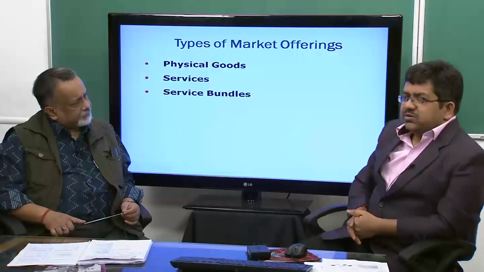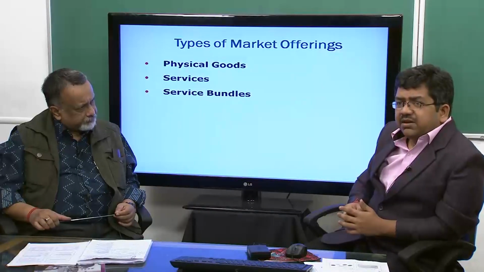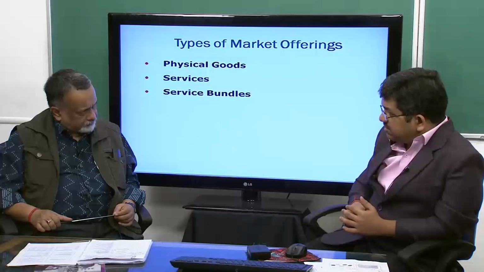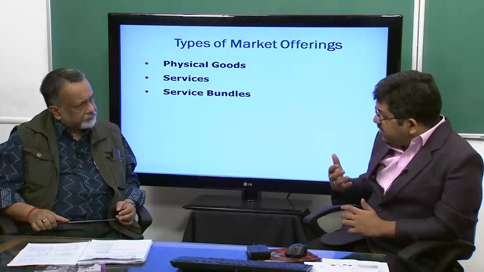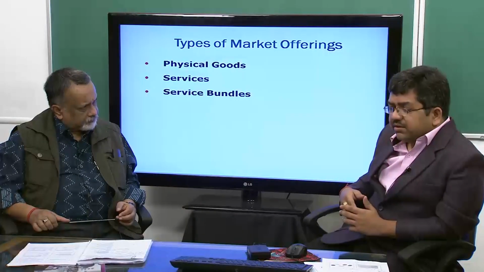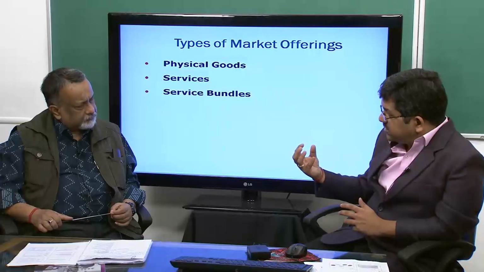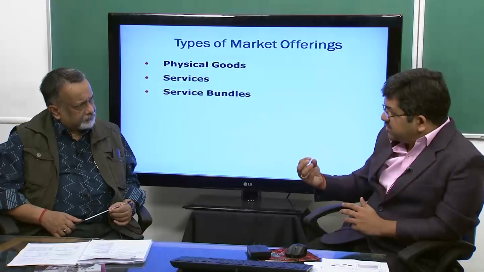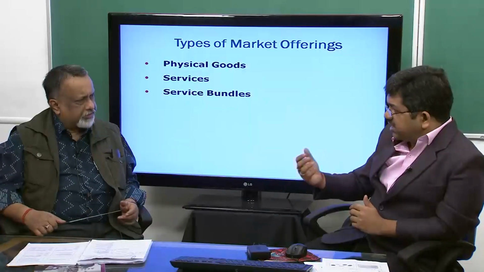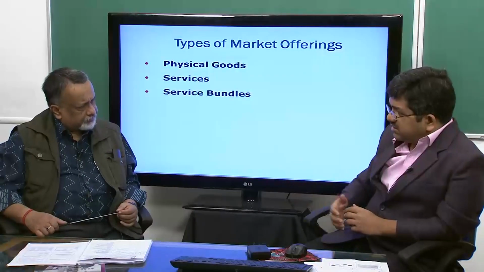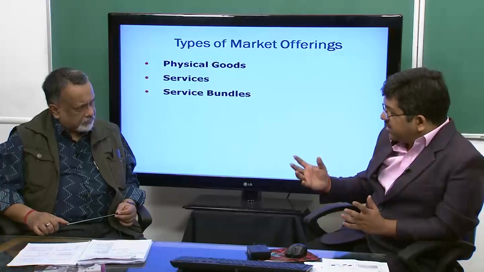We will also see this service bundle form in the case of destination marketing. Even e-commerce companies which operate in this space provide destination packages where they will arrange everything starting from visa services to transportation, accommodation, travel within that destination, and sightseeing.